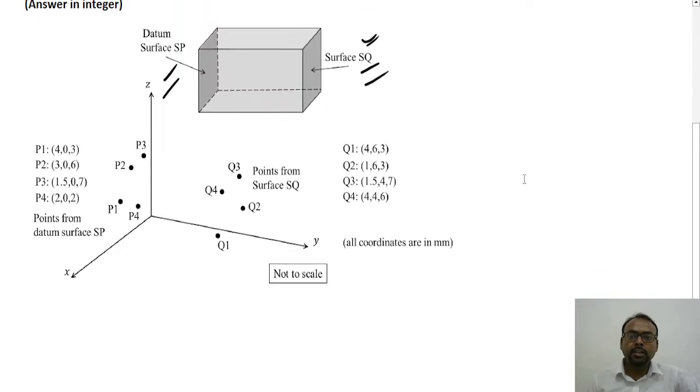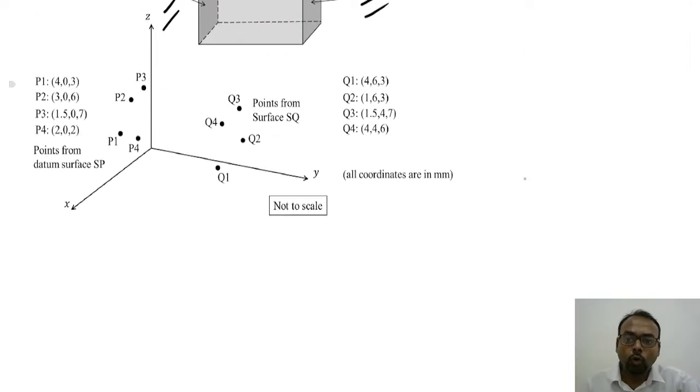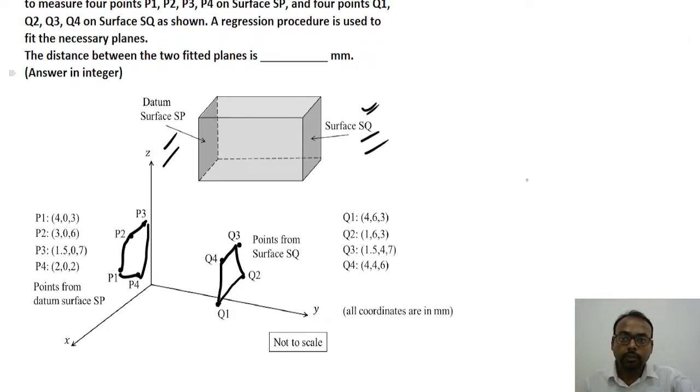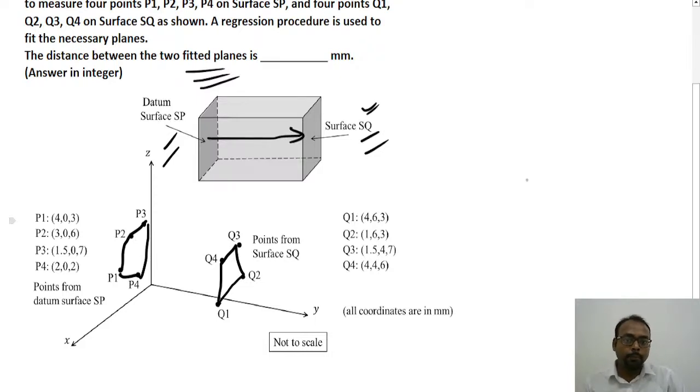And here you can see in the figure, the coordinates of all the points are given. If we connect all these points, we will have one surface. Similarly, here again we will have one surface. So we have to find out the distance between the two fitted planes, that is, the distance between SP and SQ.